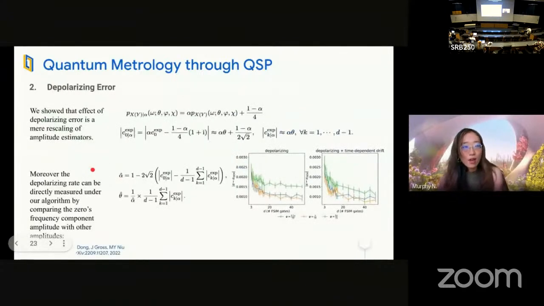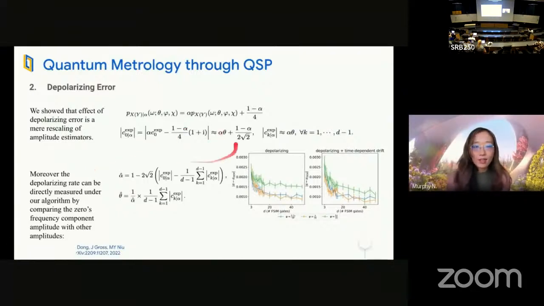And lastly, our method is also robust against open system dynamics that is describable by a depolarizing error. We showed that the overall effect of a depolarizing error of strength alpha only rescales our estimation of theta.